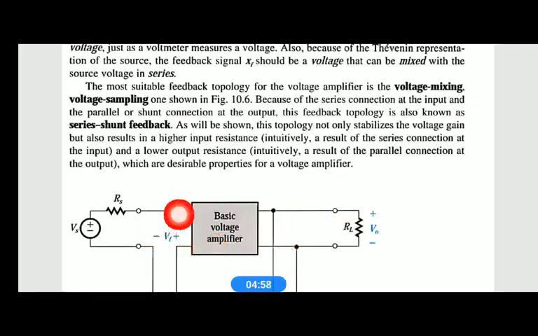That means the feedback network is connected in series at the input, and connected in shunt, or parallel, at the output. Therefore we call it series-shunt feedback. The most suitable feedback topology for a voltage amplifier is voltage mixing and voltage sampling.